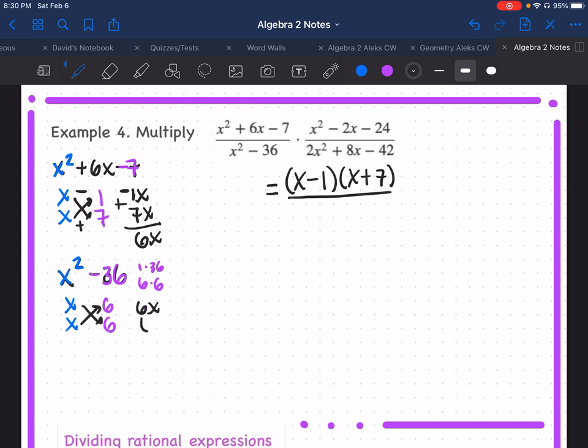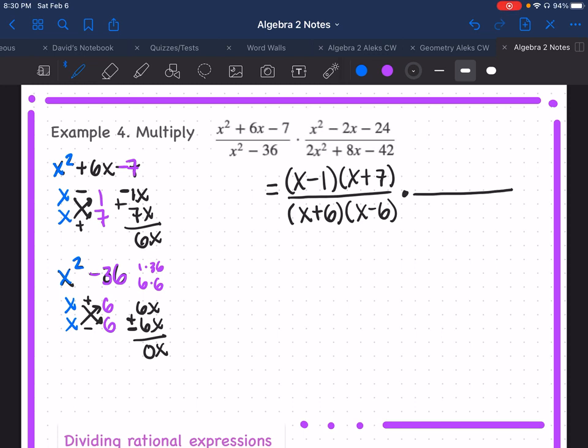And 6x plus negative 6x would give me the 0x that has disappeared from my polynomial. There we go. Times. And of course, you could think of this as one big rational expression at this point as well. That's perfectly fine to do.